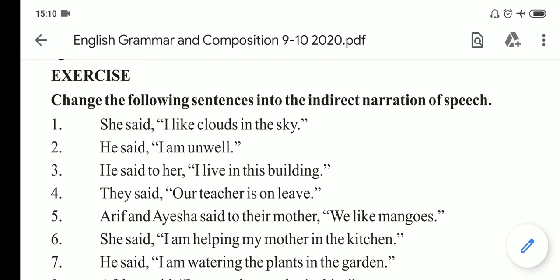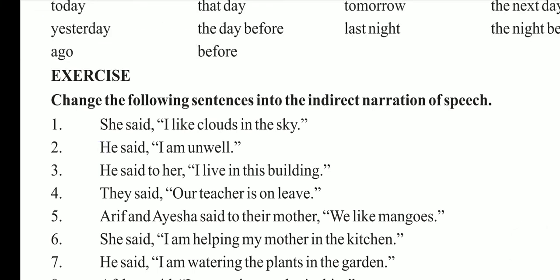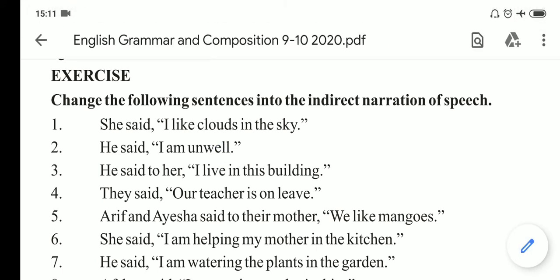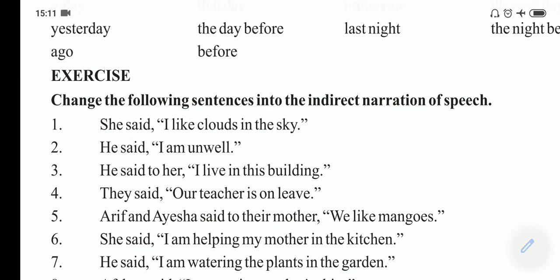Second sentence. He said, I am unwell. He said is the reporting speech. I am unwell is the reported speech. Reporting speech is in the past tense, and reported speech is in the present tense.